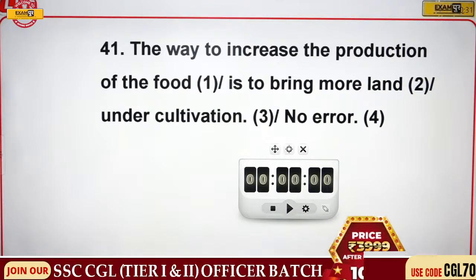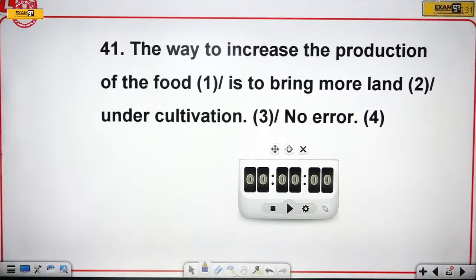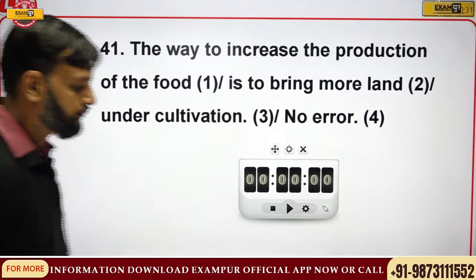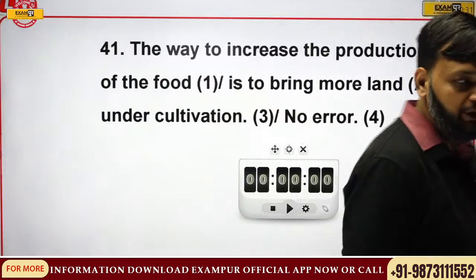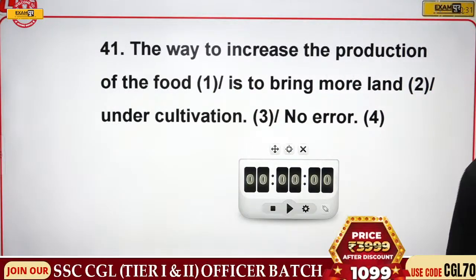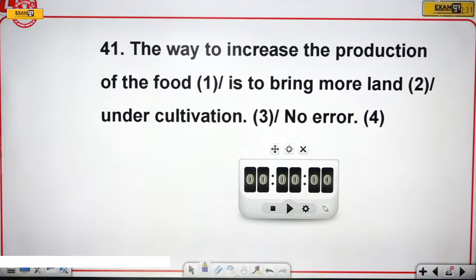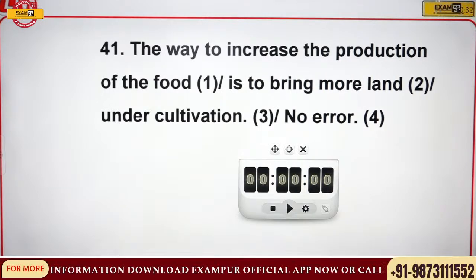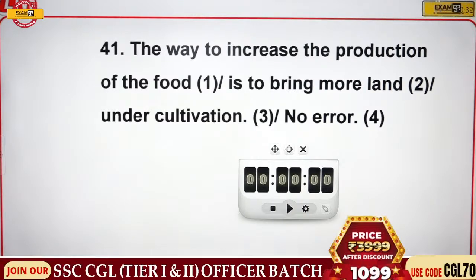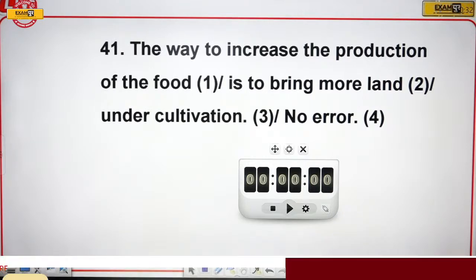What is the error in this sentence? The way to increase the production of the food. This is a good question and I want all of you to try solving this question at least once, because such questions are very frequently asked in examinations.